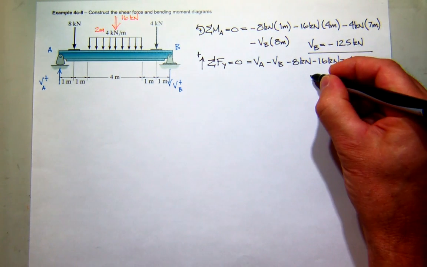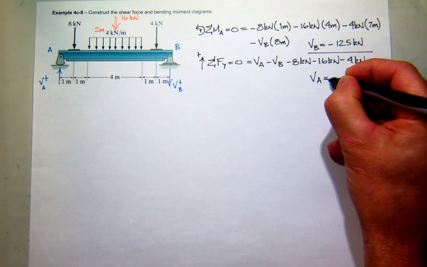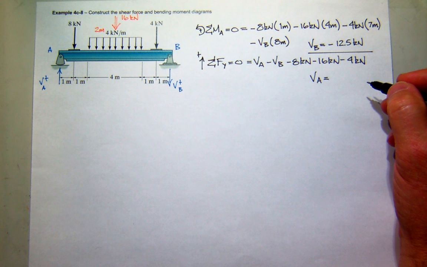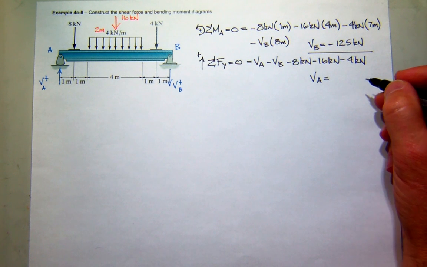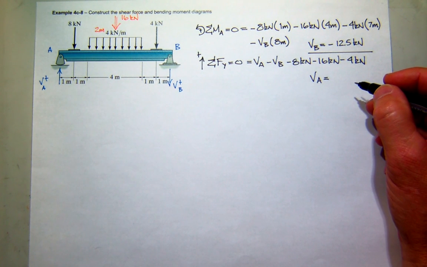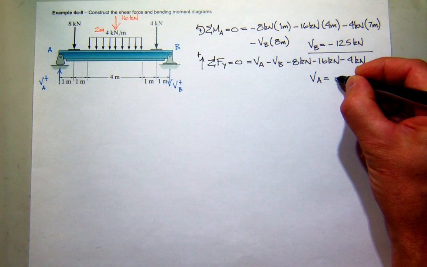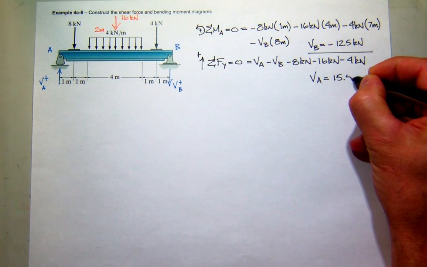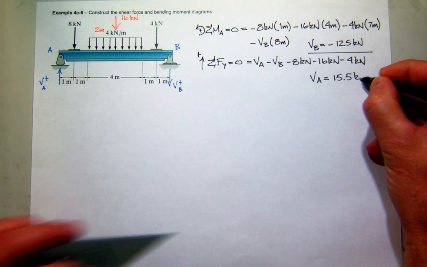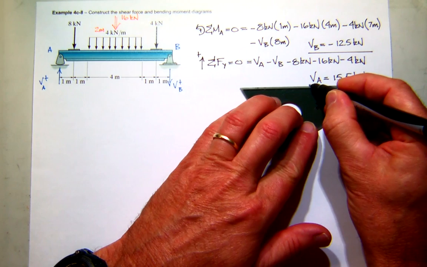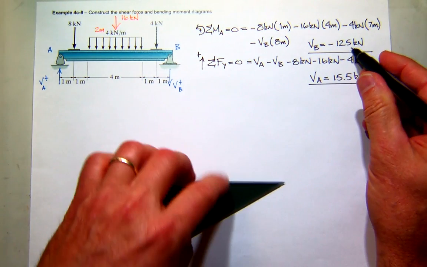So it looks like the shear at A is going to be 16.5? I got 15.5. Is that confirmed? Anybody else get that? 15.5. And that's positive. So it looks like we have positive shear at A and negative shear at B.